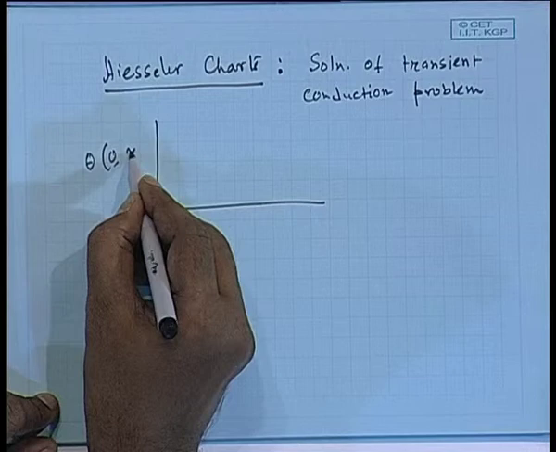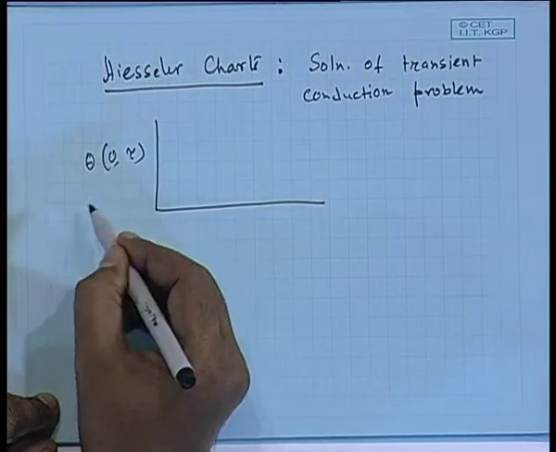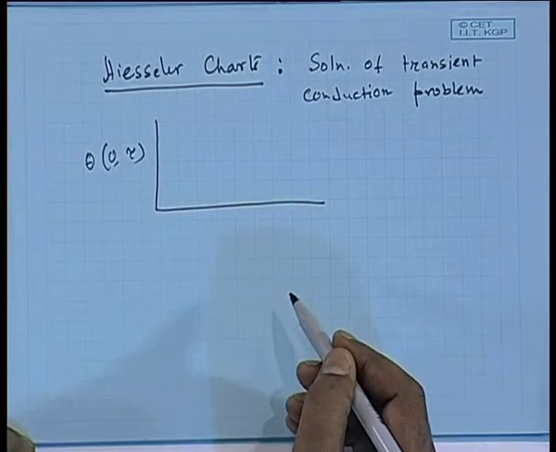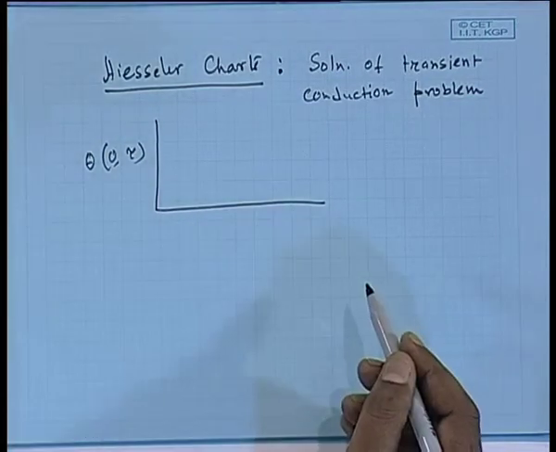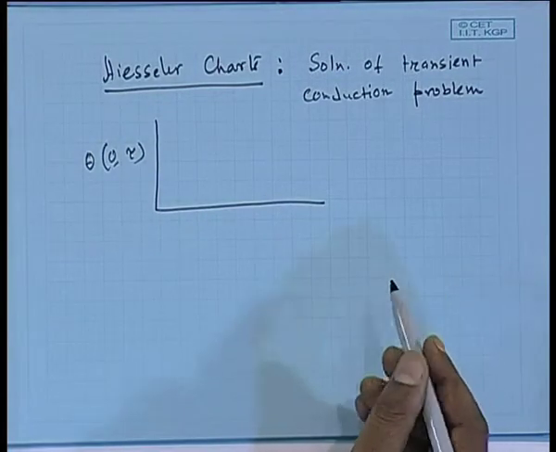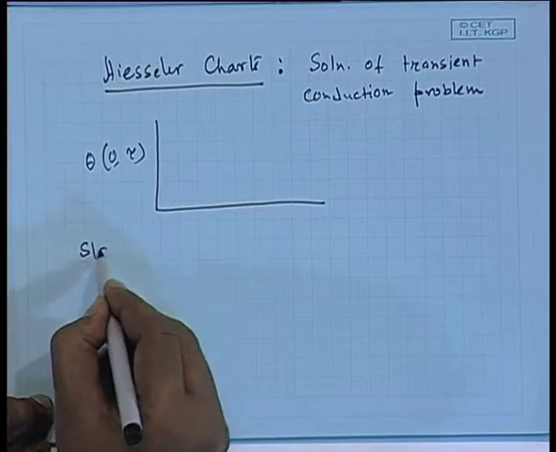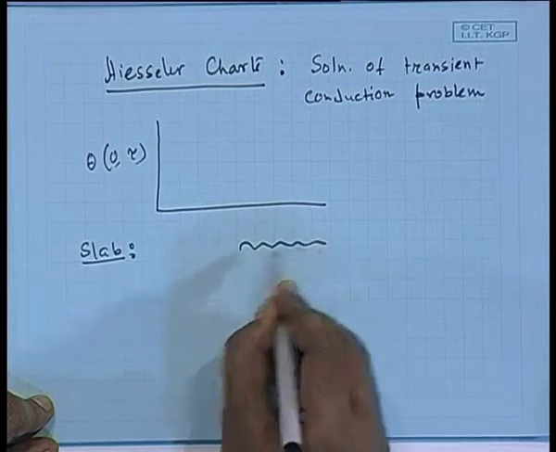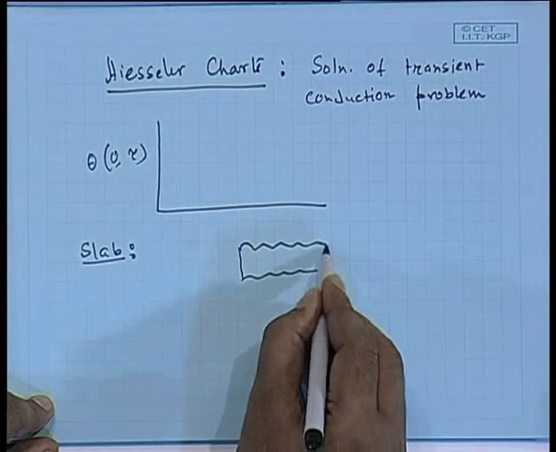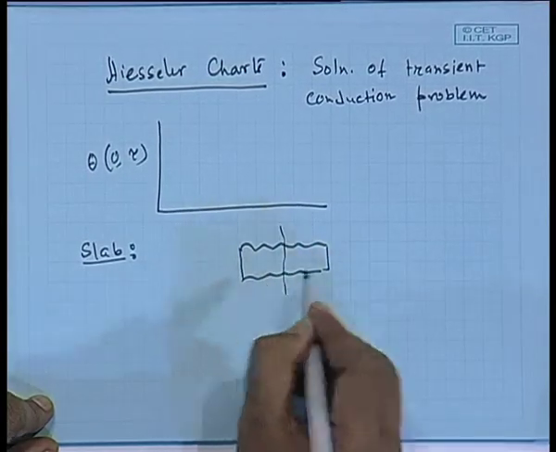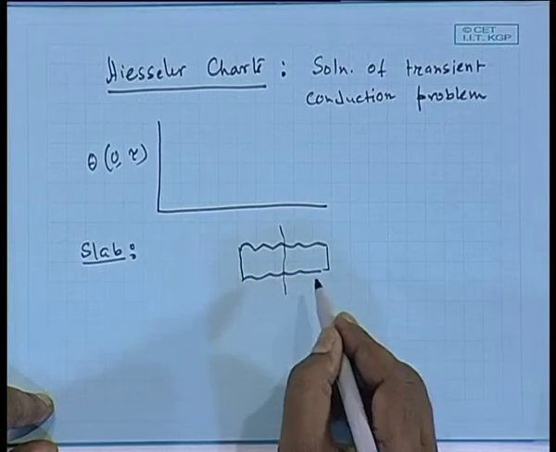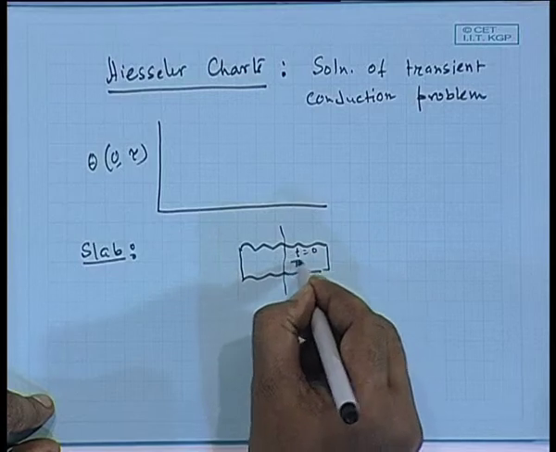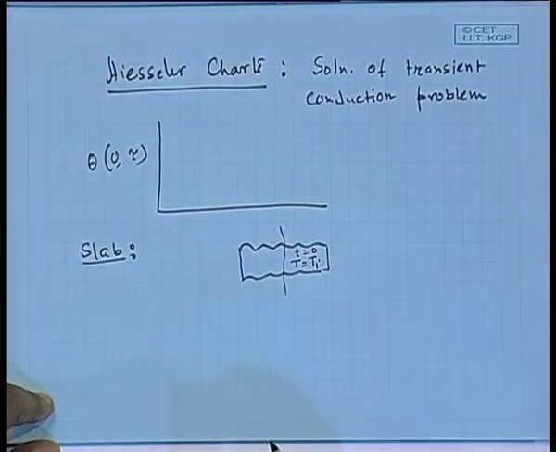Theta 0 tau, this is the non-dimensional temperature. I will first define the governing equation and how this theta is defined, then I will go to the Heisler's charts. Now, just consider conduction through a slab. At time t equal to 0, this slab was having a uniform temperature T_i.